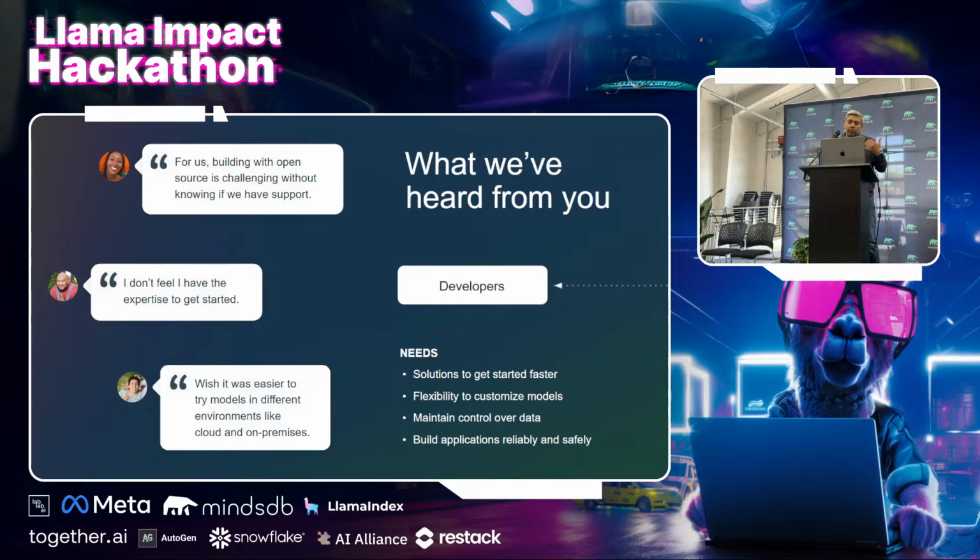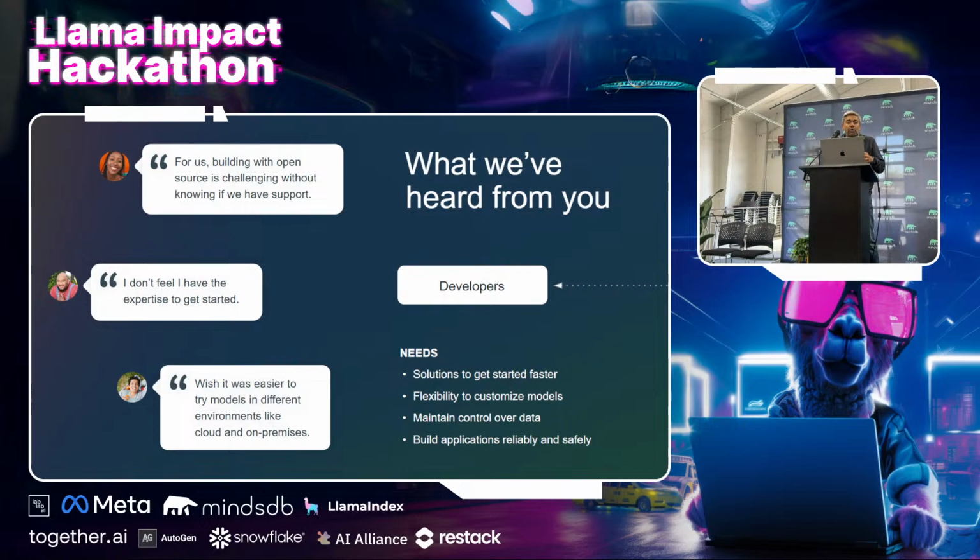They had to go through a bunch of steps. But at the same time, they wanted the flexibility of open models. With closed models, you can just hit an endpoint and get what you need. But with open models, you have the flexibility of wanting to fine tune the models, being able to use your own data with it without having to lose control over your data. They wanted all of that, but at the same time, they wanted the ease of use.